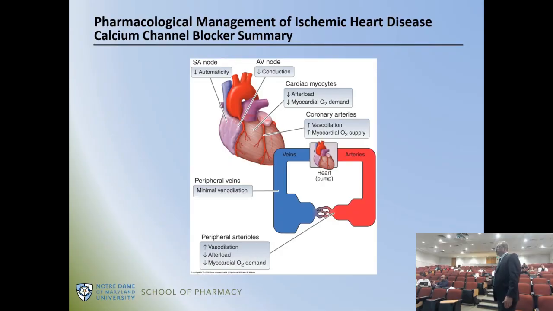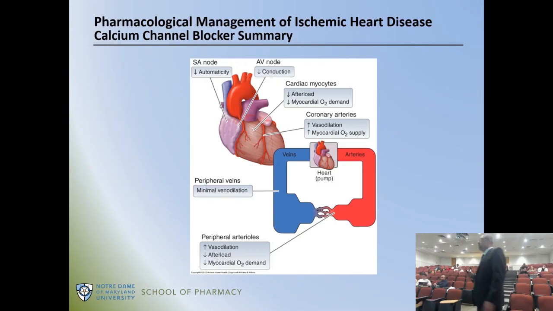We know that we're getting vasodilation of our peripheral arterioles, okay? Which will reduce afterload and reduce the work that the heart has to do, right? We do get a little bit of venodilation, but I don't even test you on that, okay?